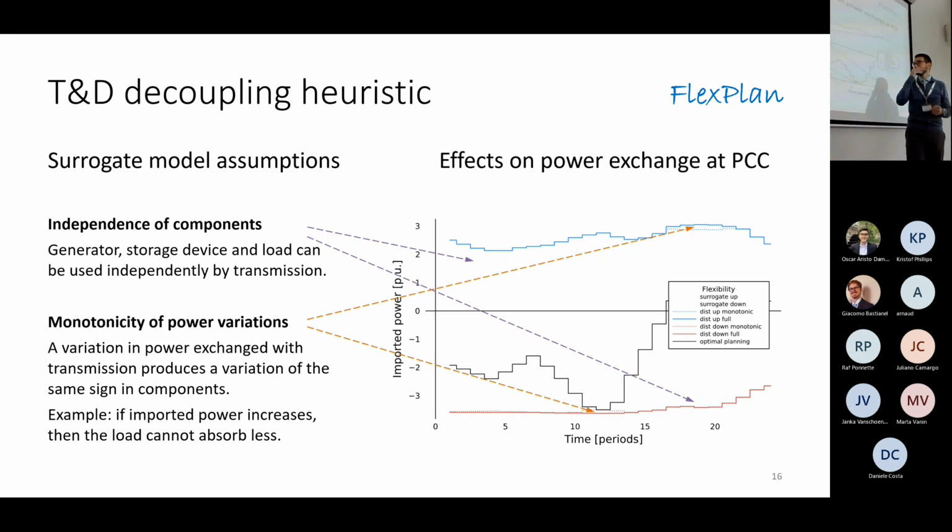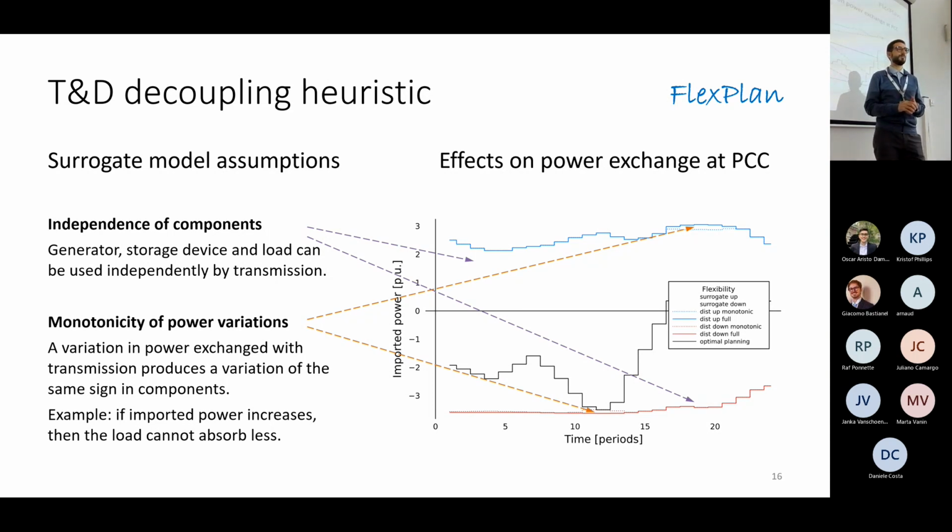And the other assumption we introduced is that a variation in the power exchanged with the transmission should produce a variation of the same sign in components of distribution. For example, if the imported power from transmission increases, then all the loads in distribution cannot absorb less.